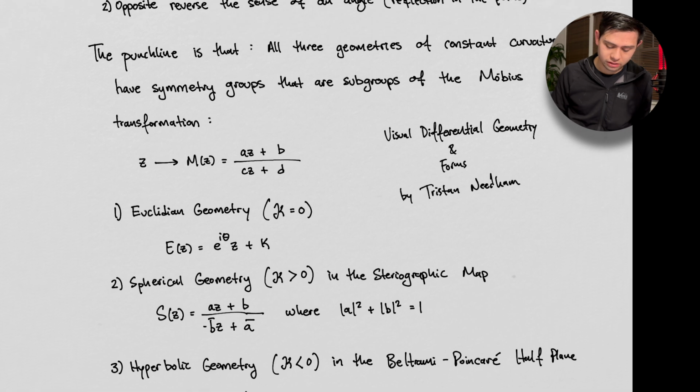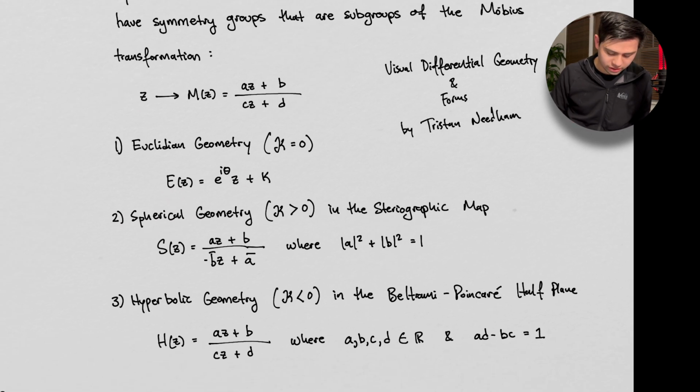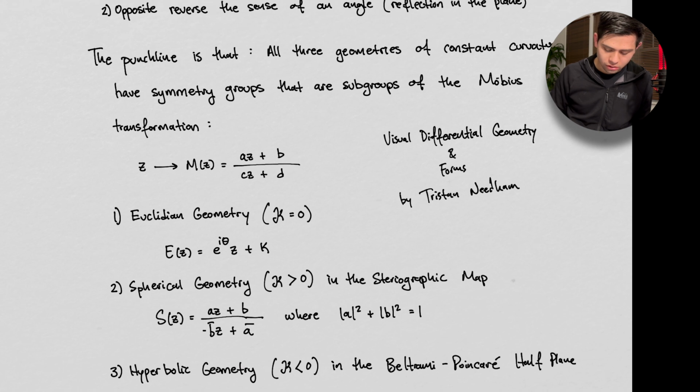that he provides here. So the punchline here is that all three geometries that we've talked about so far, Euclidean geometry, spherical geometry, and hyperbolic geometry, they all have constant curvature, as we've noted before, but they're all going to have isometries that are subgroups of the Mobius transformation.